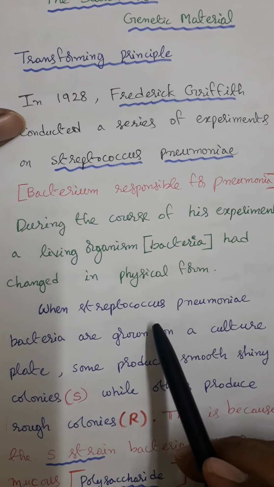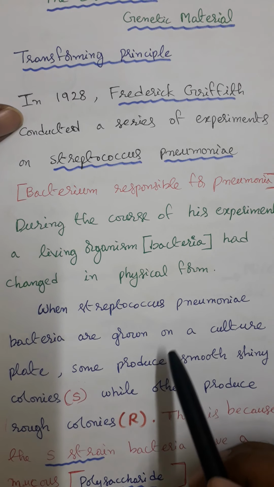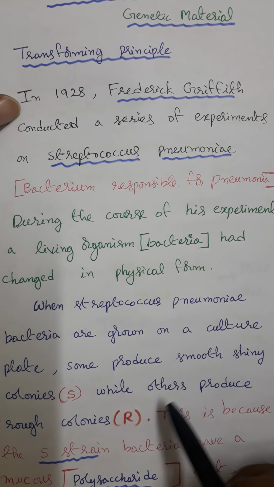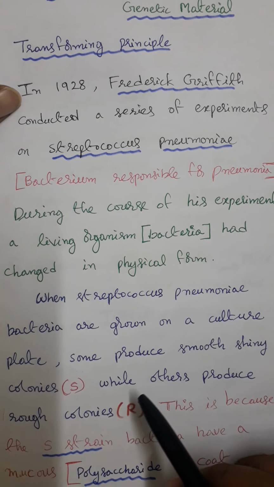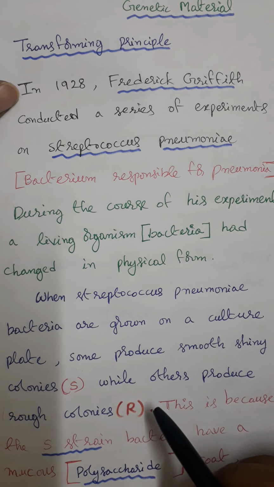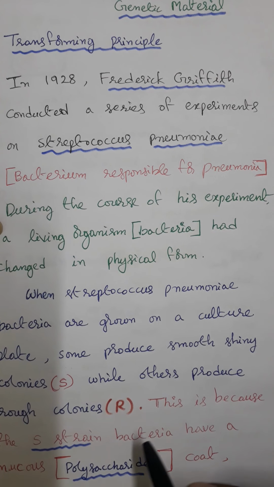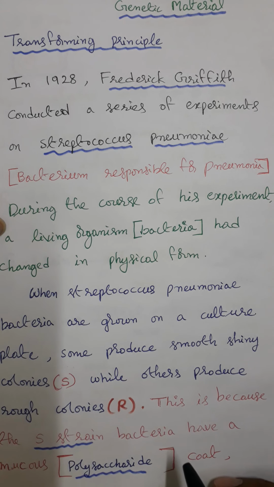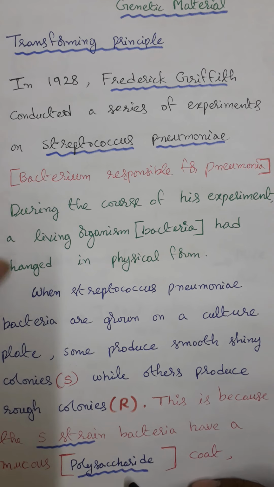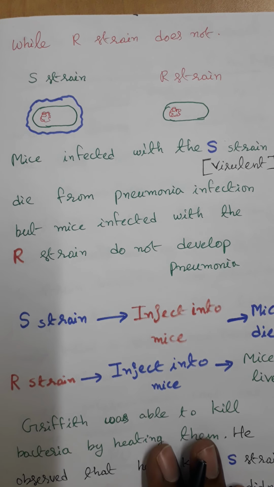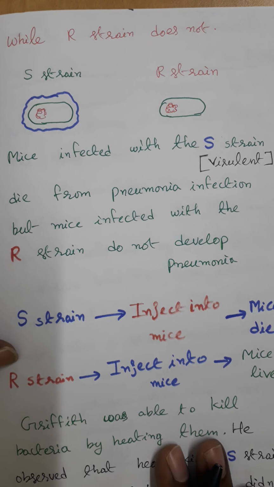When Streptococcus pneumoniae bacteria are grown on a culture plate, some produce smooth shiny colonies while others produce rough colonies. This is because the S strain bacteria have a mucus polysaccharide coat, while the R strain does not.